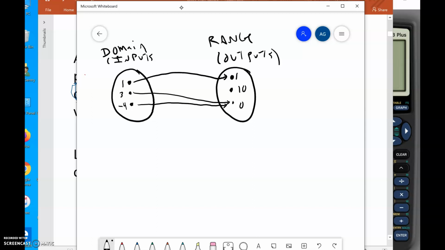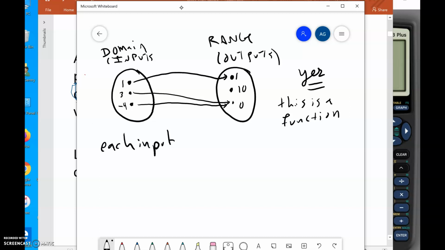So is this a function? Well, yes, this is a function. I guess I said it was already, but it is a function, yes. And the reason it is a function is because each input goes to a single output.